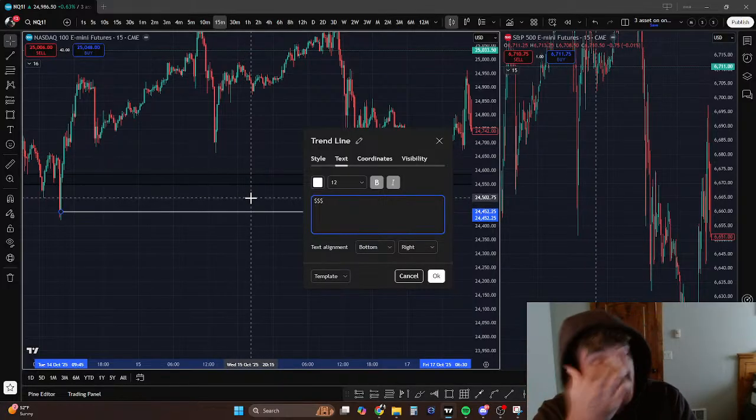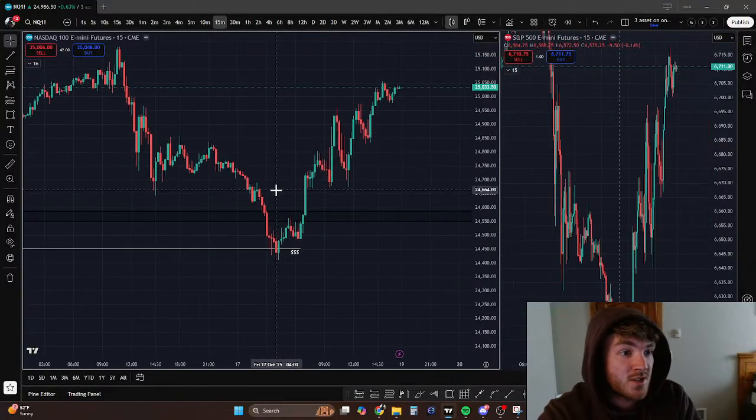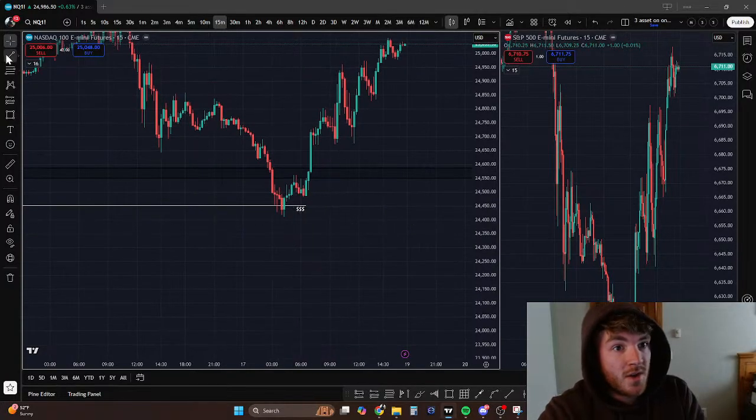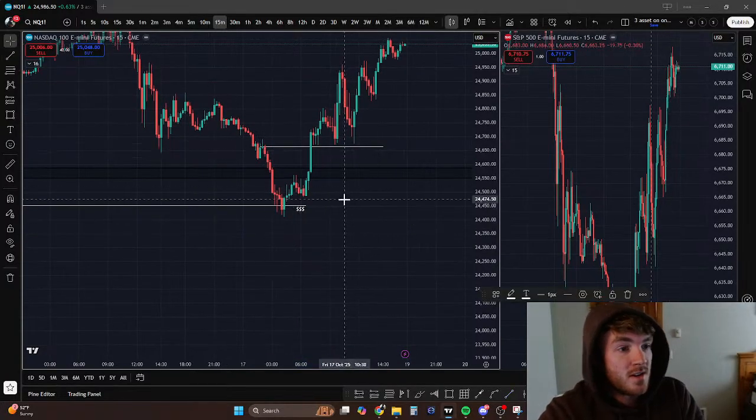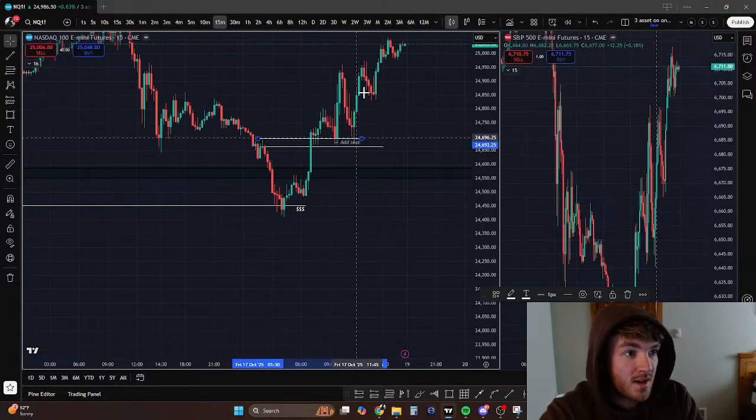You start to realize this. This is something I've been realizing recently. And so normally when I mark out change in state, I'd say, okay, we don't get the change in state till here, right? And then we end up using it. We backtest the wick, and then we continue higher.